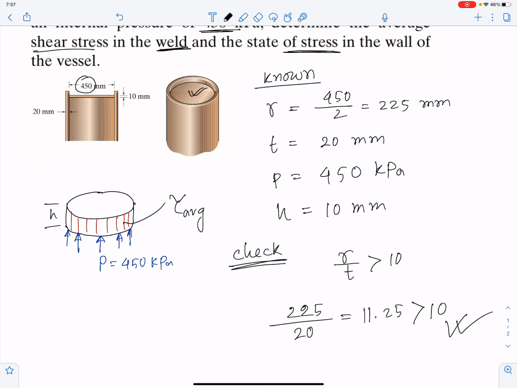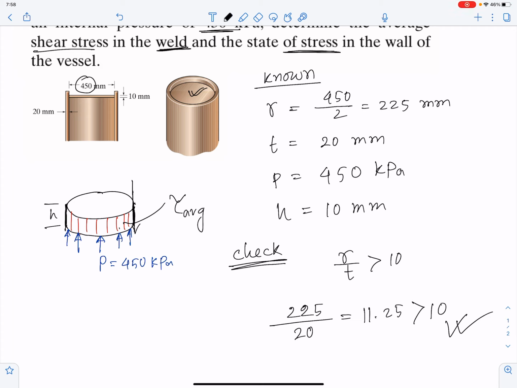That means yes, we can use the theory for a thin wall pressure vessel. So let's look at this cap, because this cap is welded. If we look at this cap, we see that the shear stress is acting in this direction.